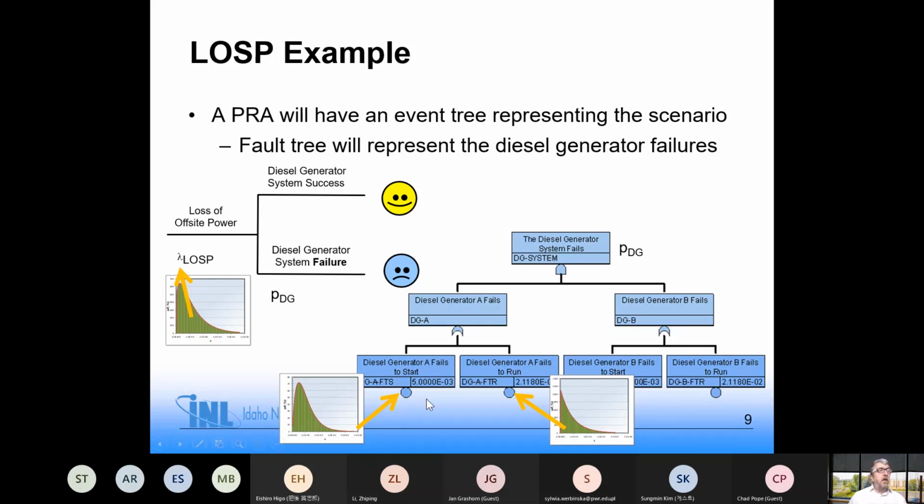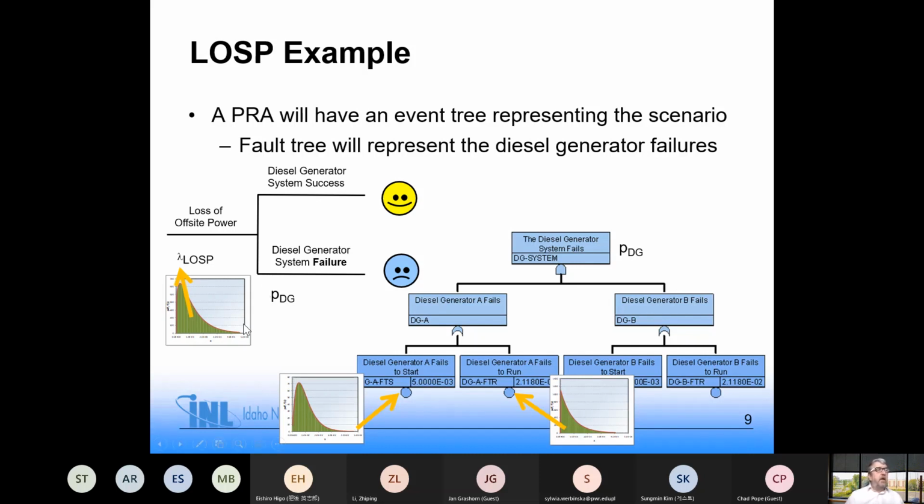I need to describe my uncertainties for diesel A fails to start, diesel A fails to run, the frequency of losing offsite power. Because it's not a set value, but it's a distribution of what is possible given my model and my state of information related to the process.